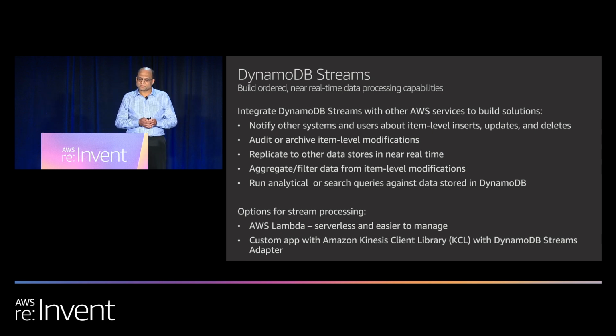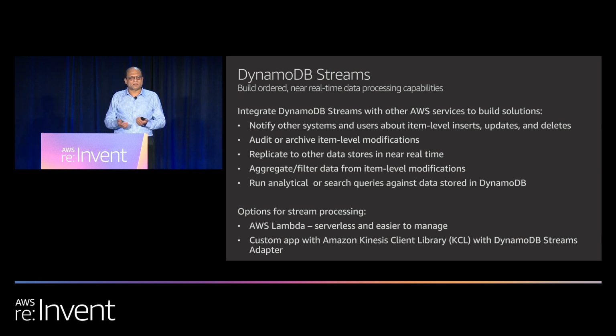DynamoDB Streams captures a time-ordered sequence of item-level modifications and stores this information for 24 hours. Applications access these in the form of stream records in real time. Now, when you build your streams processing layer in your application, there are 2 options.